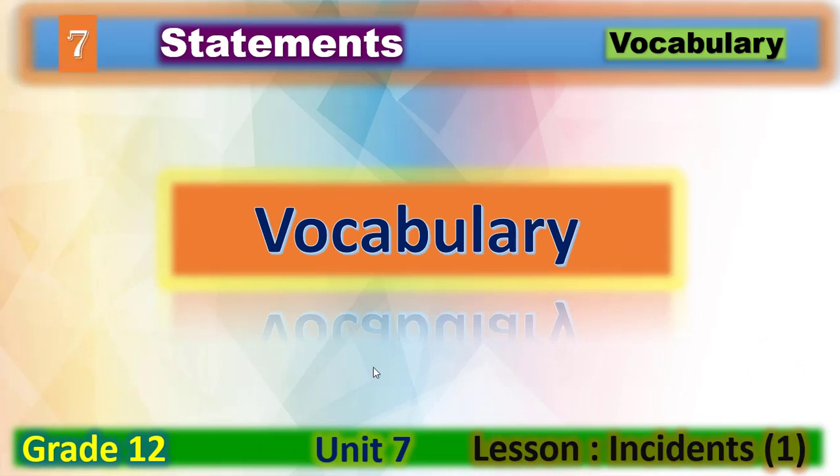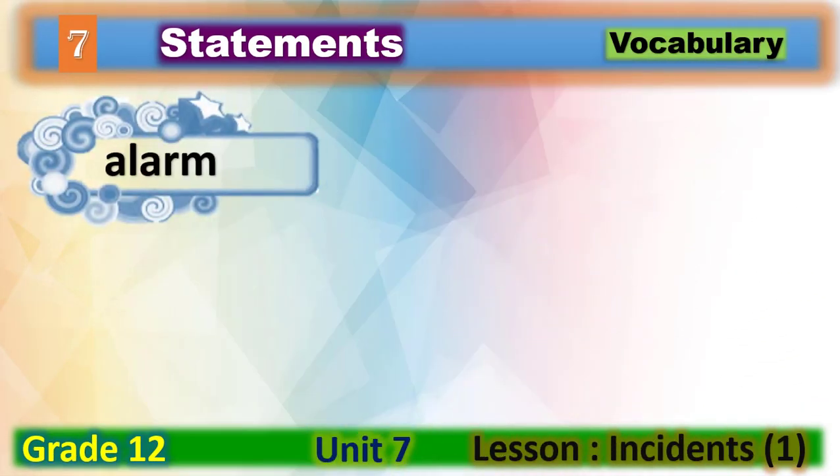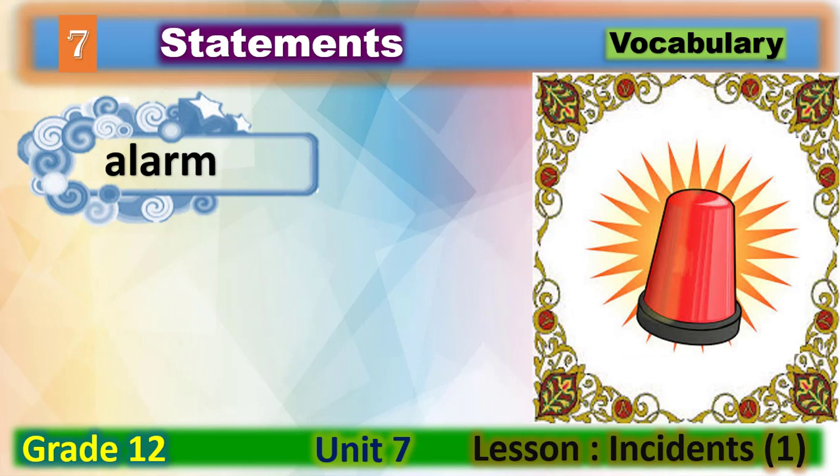Before we start our lesson, let's study some vocabulary which will help you to understand today's lesson. Let's start with the word alarm. What does alarm mean? Can you guess? Look at the picture. The picture might help you to understand the meaning of alarm.